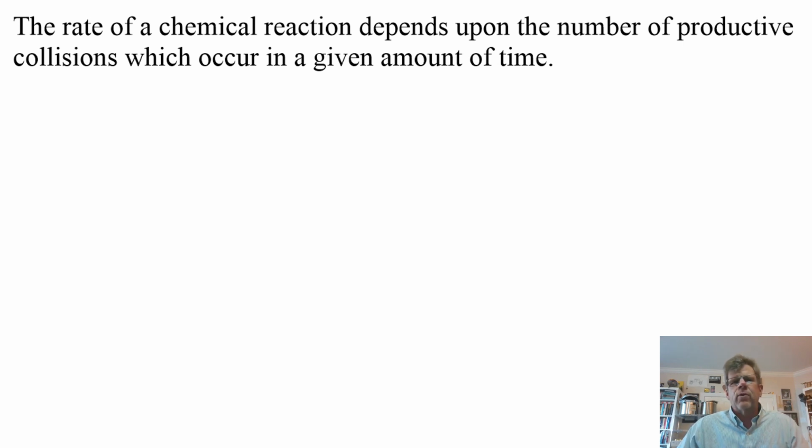Essentially, the rate of chemical reaction depends on the number of productive collisions of reactant particles which occur in a given amount of time. That's essentially what we said before as the definition of reaction rate. But we can tune reaction conditions such that we can optimize the rate of a reaction.